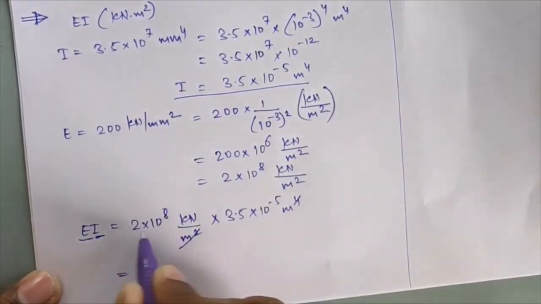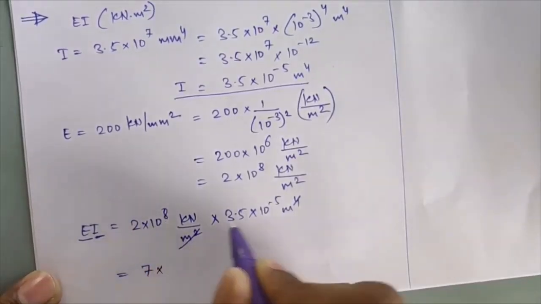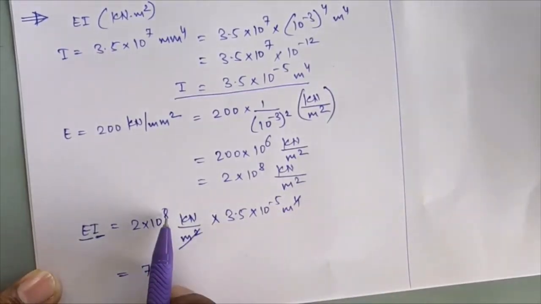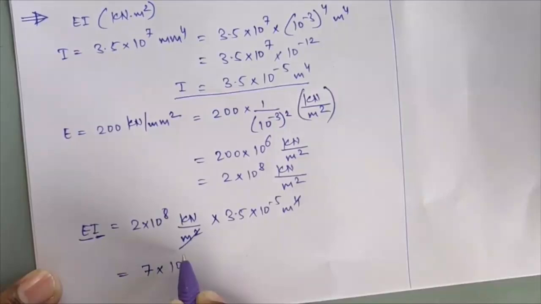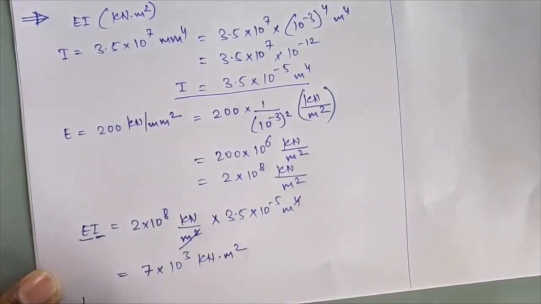So this becomes 2 into 3.5, that becomes 7 into 10 raised to 8 into 10 raised to minus 5. Here addition of the indices, so 8 minus 5, that becomes 10 raised to 3 kilonewton. This as it is multiplied by the meter square remaining here. So EI value I can say becomes 7 into 10 raised to 3 or 7000 kilonewton meter square.